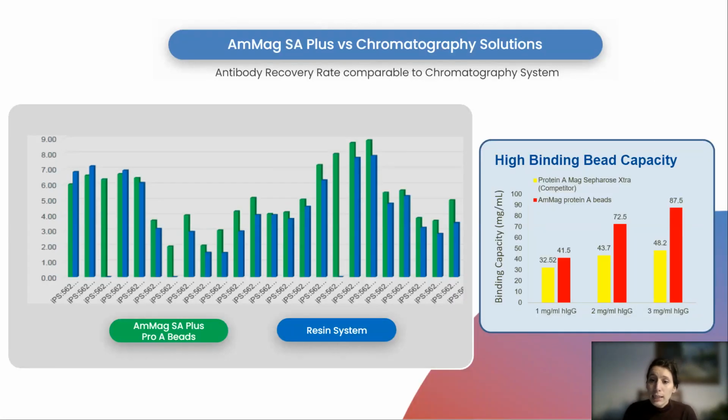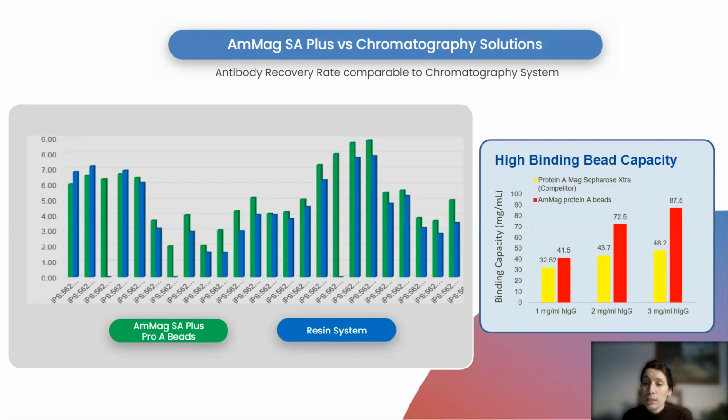And with that said, I have a quick overview showing the performance of the AmMag assay. What you're seeing here is our protein A magnetic beads. I do want to mention that we have a portfolio of magnetic beads that go with this solution. The magnetic beads are up to you, of course, most of them are affinity based. And what you're seeing here is a resin system that we're comparing it to. So we have approximately 20 plus samples here.